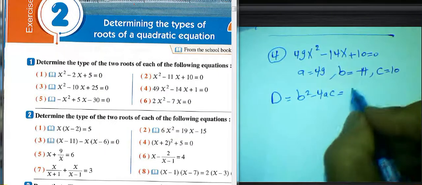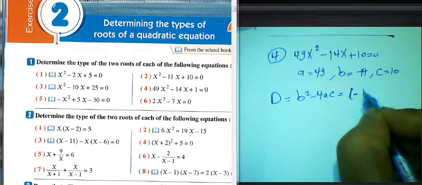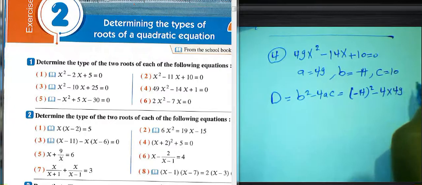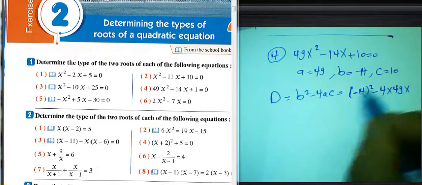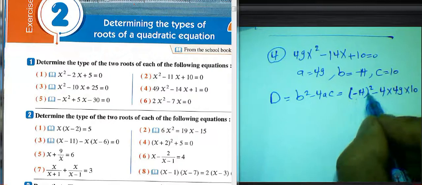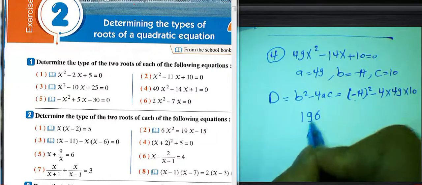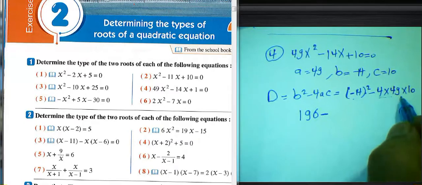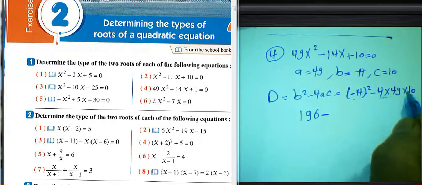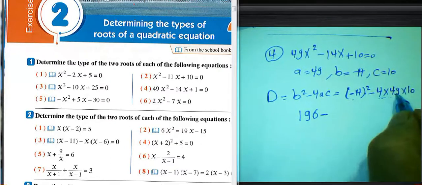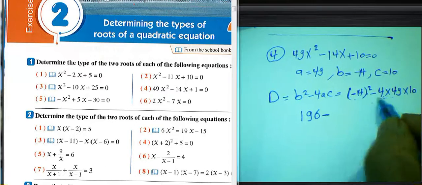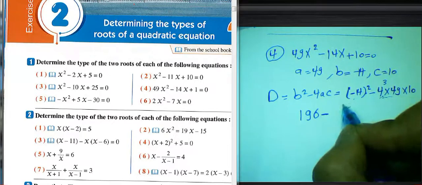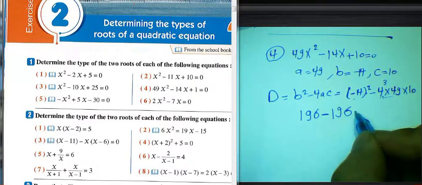Negative 14 power 2 equals 196. Subtract 4 times 49 times 10. 4 times 10 equals 40. 40 multiply by 49 is 1960.